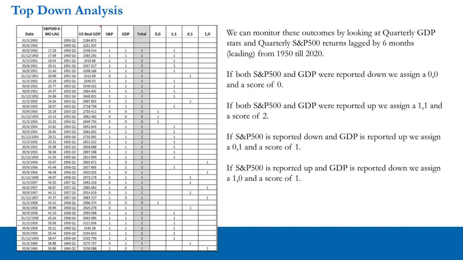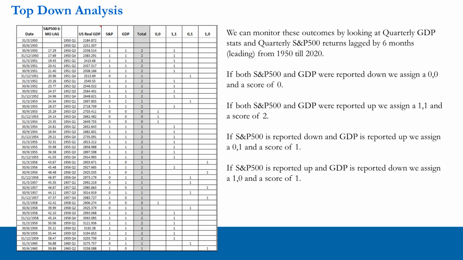Now, when we compare that, what happens in Q1 1956? Well, the S&P 500 went up because it went from 41.03 to 43.67, and the GDP number went down. It went from 2.914 trillion to 2.903 trillion.